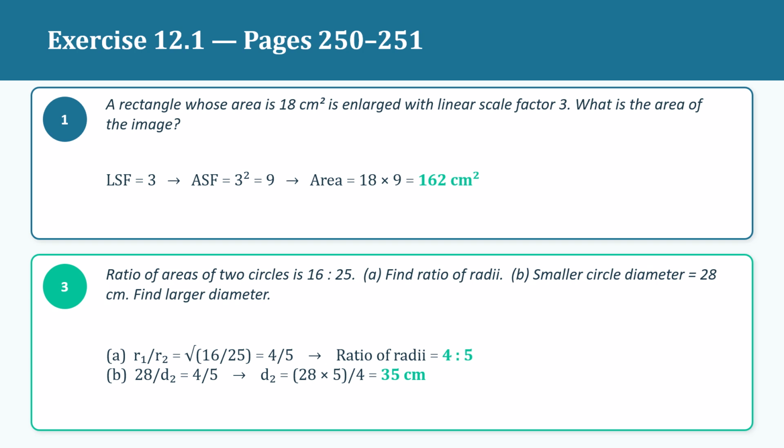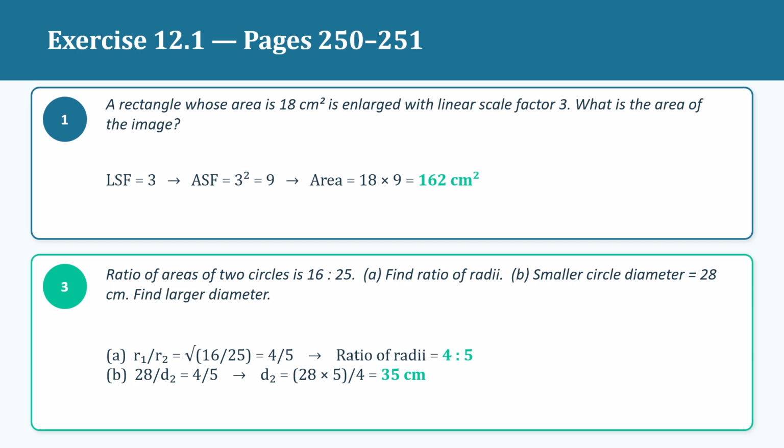The ratio of the areas of two circles is 16:25. A. Find the ratio of the radii. B. The smaller circle diameter is 28. Find the larger diameter. So here we have been given the ratio of two circles 16:25, which is the area scale factor.